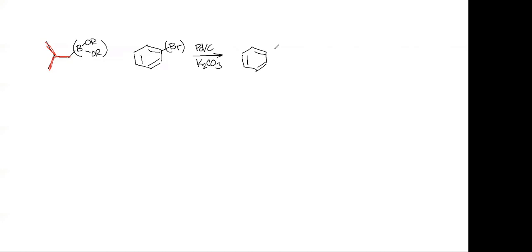So I'm going to put a bond, because you always have to have the bond, then the red group. So then the red group would look like this. So what I'm doing is I'm coupling, and maybe what I should do is this.